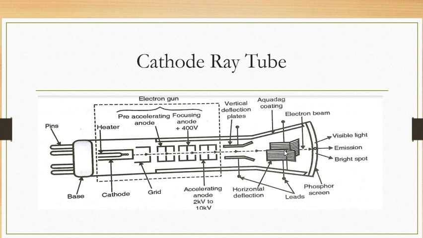Then these are the horizontal deflection plates, which deflect your electron beam horizontally. These are the leads, and the electron beam strikes this phosphor screen, which is nothing but the fluorescent screen.